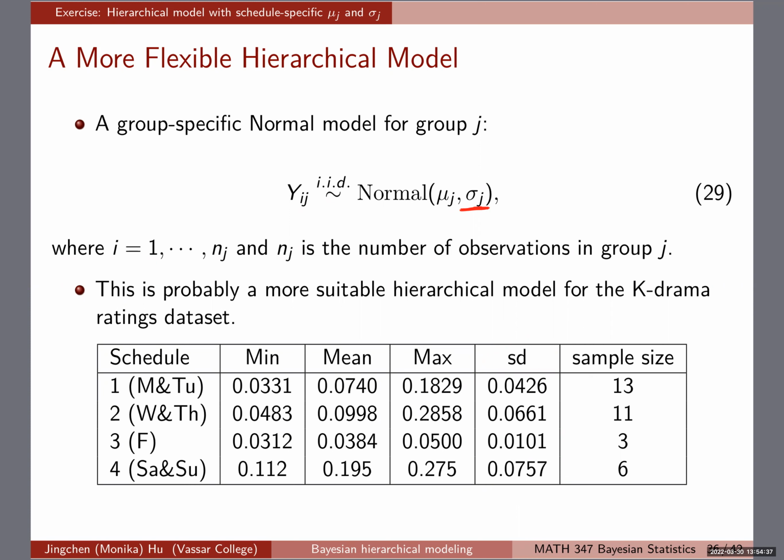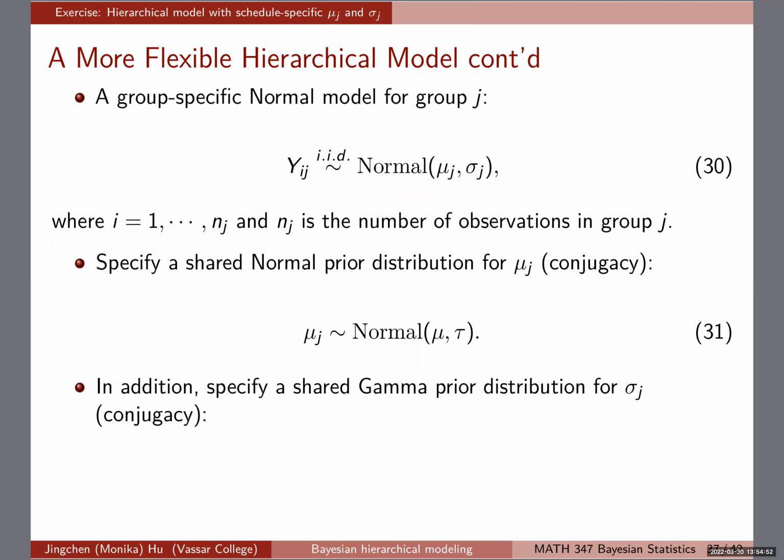Now we could choose to do a two-stage hierarchical prior again for sigma j, so we're able to borrow information across different groups and utilize the structure of hierarchical modeling. With that, let's first recall that for mu j, we have been given this normal prior with mu and tau previously.